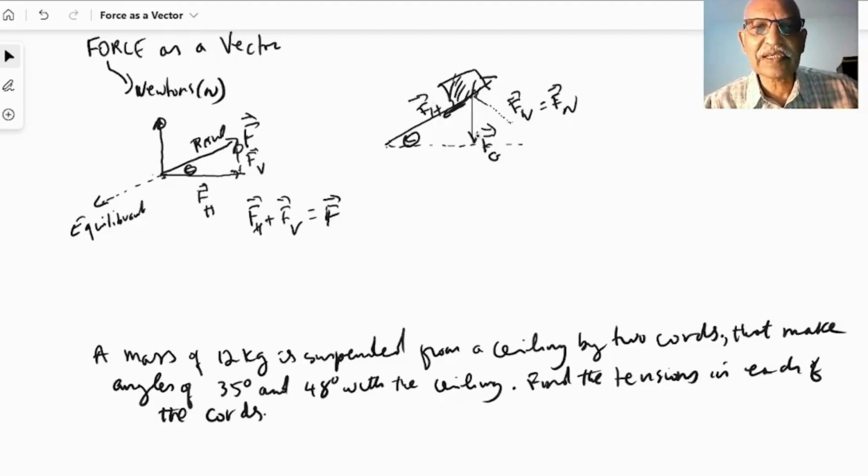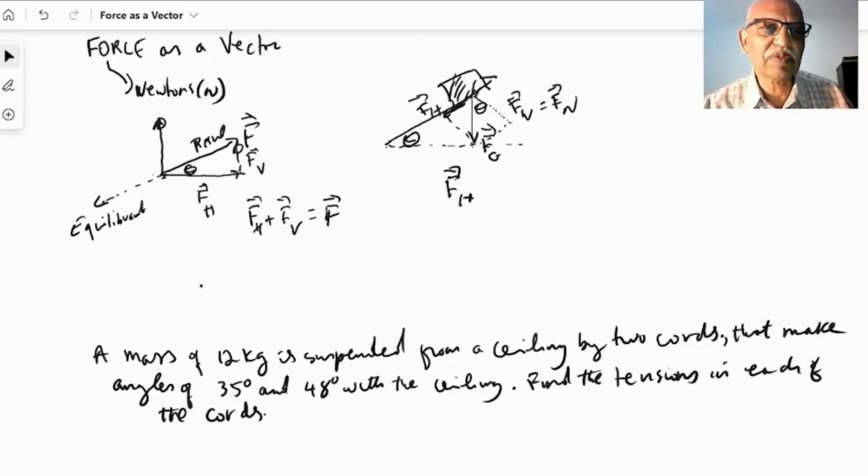So this theta, this is theta, because we know this whole thing is 90 degrees. And we can make a parallelogram here. So using this angle here, sine will be opposite of this one, which is the horizontal component. Therefore, the horizontal component here is exactly opposite to the one we saw in the plane.